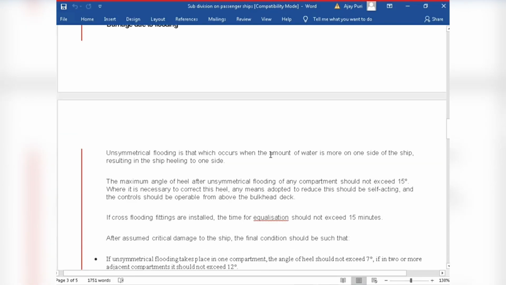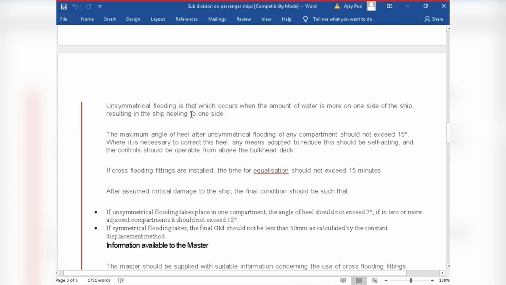Damage due to flooding will be unsymmetrical flooding, which occurs when the amount of water is more on one side than the other. So that way the ship will heel. Maximum angle of heel after unsymmetrical flooding should not exceed 15 degrees. Where it is necessary to correct the heel, any means adopted to reduce this should be self-acting. The control should be operable from above the bulkhead deck.